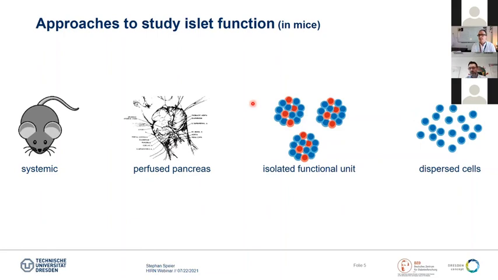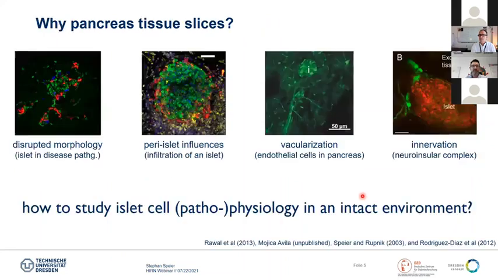When we were using these techniques in the lab, we had questions that we wanted to look at, and we realized the technologies that we have do not really allow us to do so. For example, we looked at phenotypes where the morphology of islets was disrupted, and if we tried to isolate the islets, we would not get islets that were really isolated.